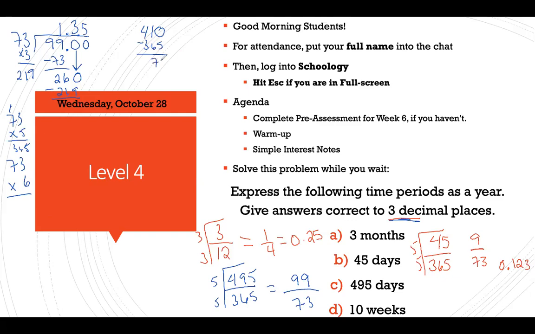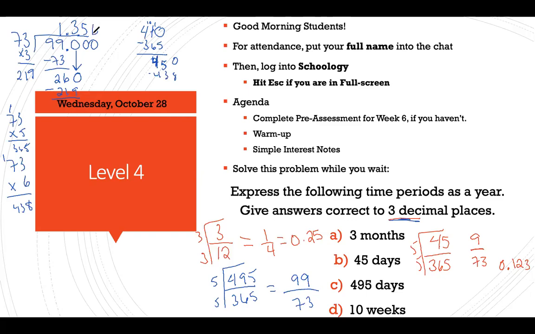We have 45 left. Okay, that makes the next number 450. When we add another 0, we multiply 73 times 6, we're going to get 18, carry the 1, 43, so 438.